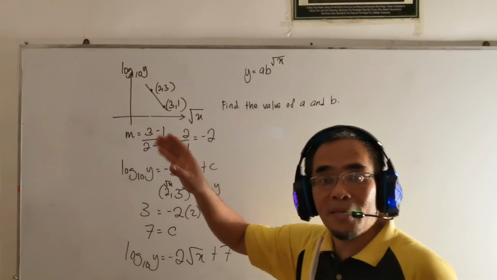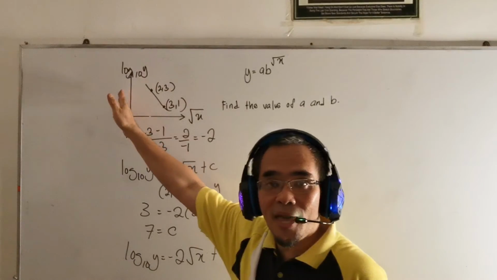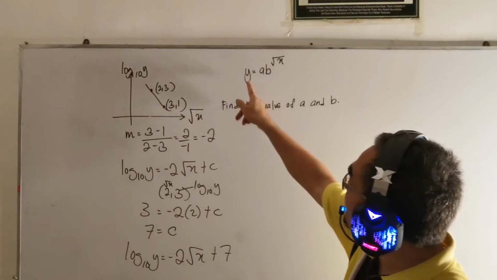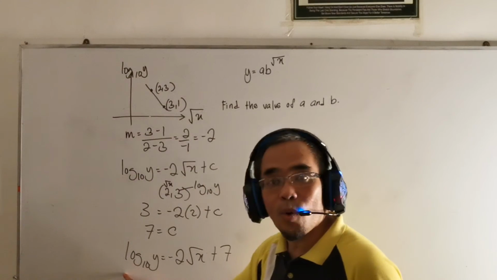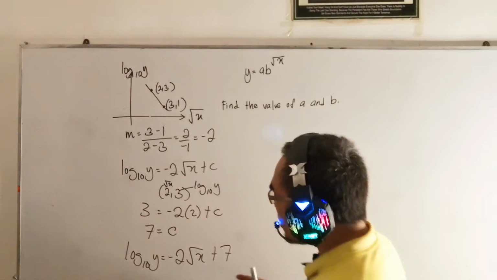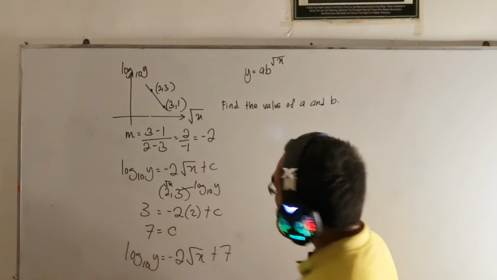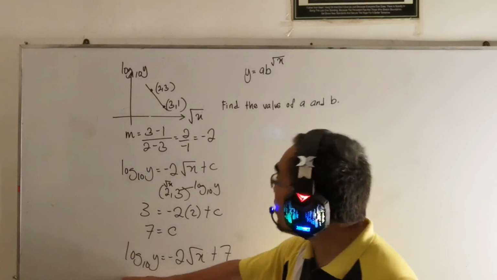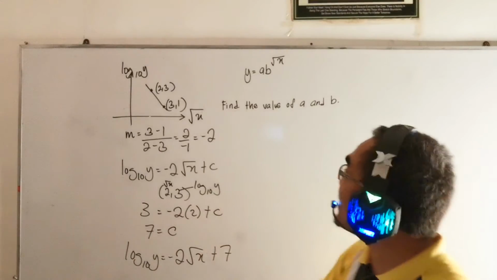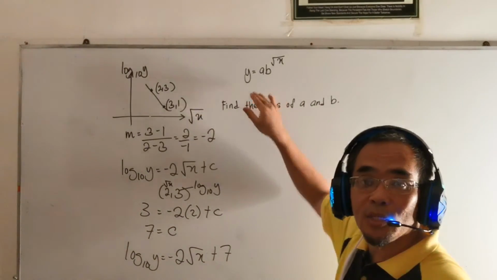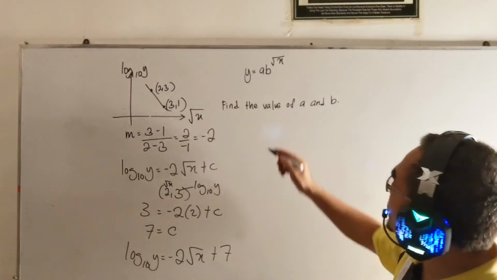You look at the graph there, how do you change y to log 10y? That is one option. The other option is that you eliminate the log in this equation and then we can compare. But I myself like to change this to log 10.